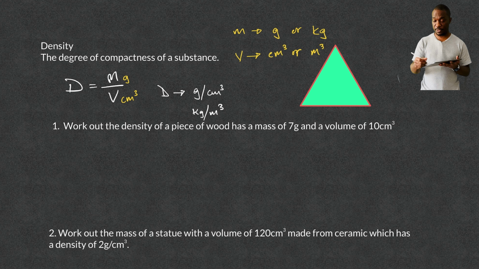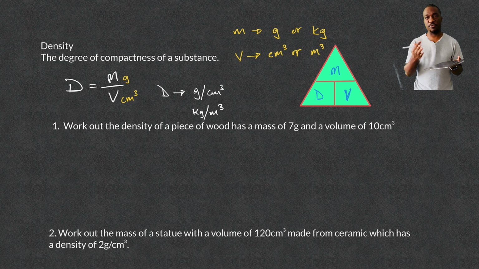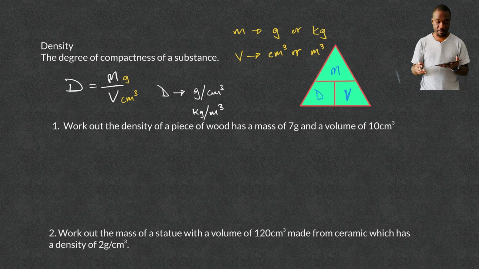That is for those of us who need to cheat. Some people struggle to work out formulas. I personally don't like this triangle at all, but it helps some people understand what's going on. So I'm going to use it just so I don't alienate anybody. So we're going to say that density is mass divided by volume there. And so depending on what we're finding, we can use the triangle to help us out.